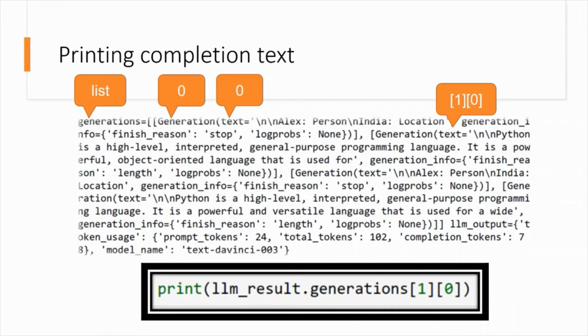So if I only need the result of the first prompt, I can print generations of 0, 0. But if I want to get the result of what is Python, then I need to access generations of 1. And in that, if I need to access the first output, it is 1, 0.